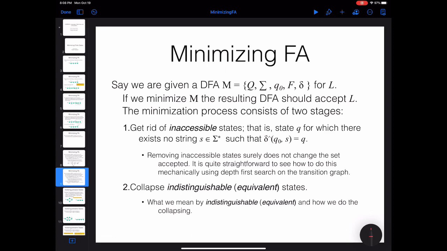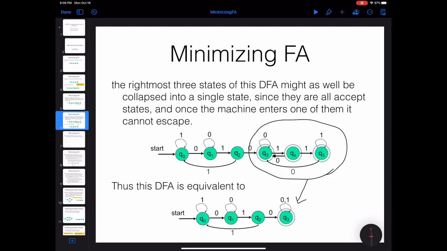And you can just have one state instead of all of them. An example of that is exactly this case, where all these states Q3, Q4, and Q5 are all equivalent, indistinguishable. So we merge them and just have one state in the final minimized DFA.